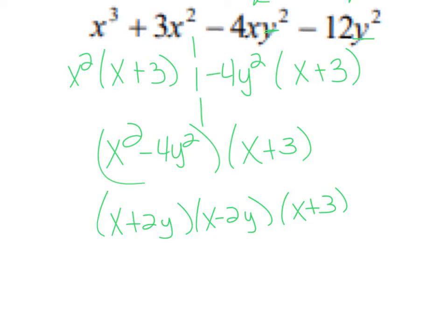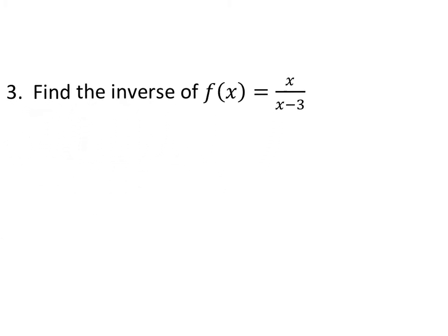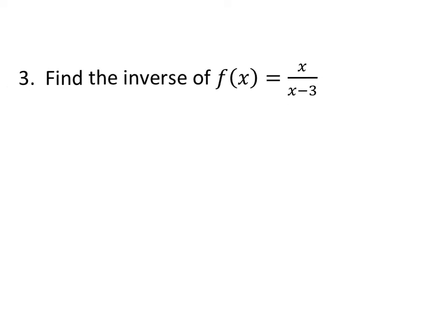Okay, so for the next question, hold on. It says find the inverse of, let me just move this. Where is this question? Oh. Find the inverse of this guy. So you're going to have to make this y, and then you're going to switch the x and the y.